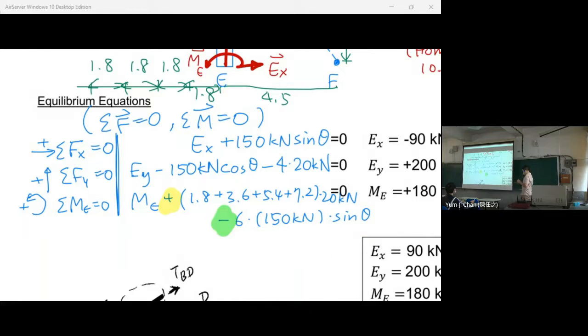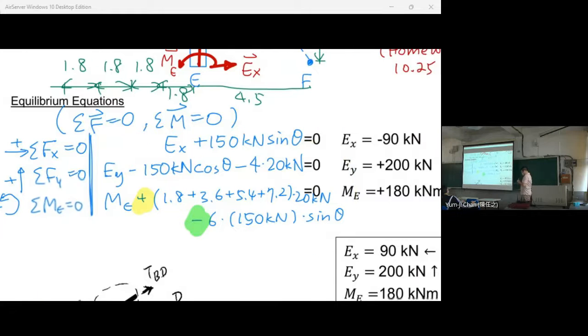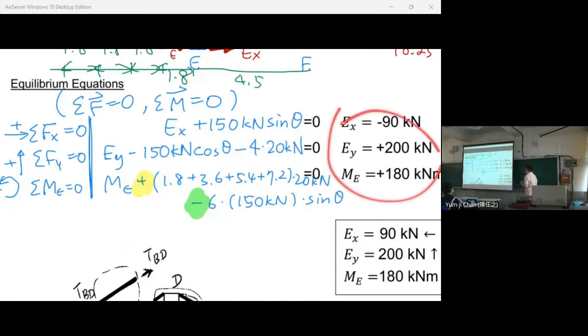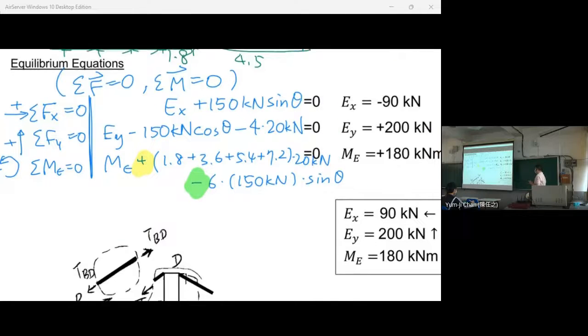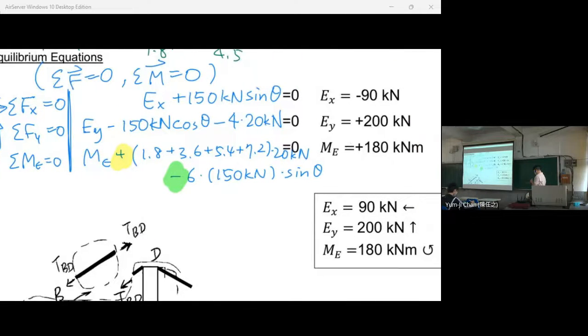Now, after you get these three equations, this should be easy to use. And remember, when you write down the answers, please mark the vectors with arrows here.